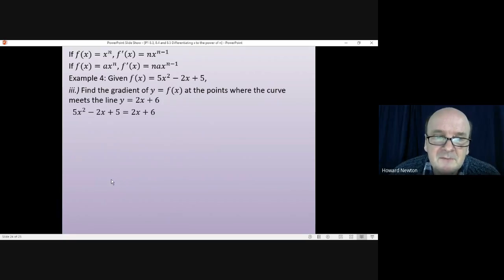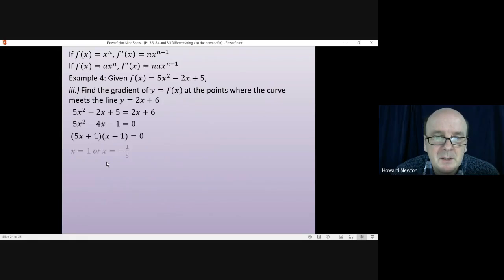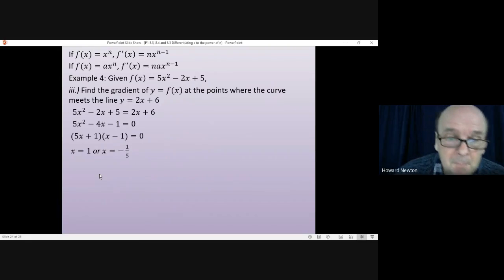And that'll give us 5x squared minus 2x plus 5 is equal to 2x plus 6. That gives us 5x squared minus 4x minus 1 equals 0. And that quadratic does factorize into 2 brackets. So we'll get 2 solutions for x, either x equals 1 or x equals minus a fifth.